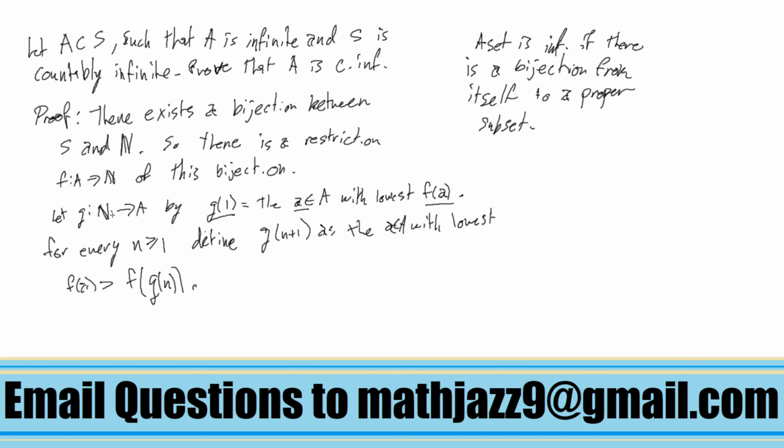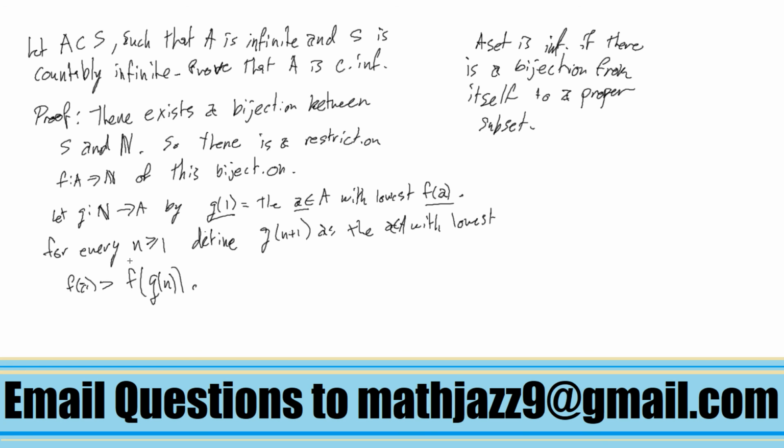Now, this function here is going to be surjective because there are an infinite number of A's. So we can't reach an end, we'll hit every natural number, because if we missed a natural number, that means that we only had finitely many of the A's to choose from.